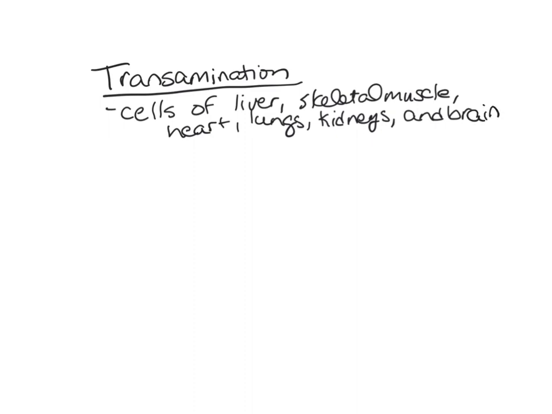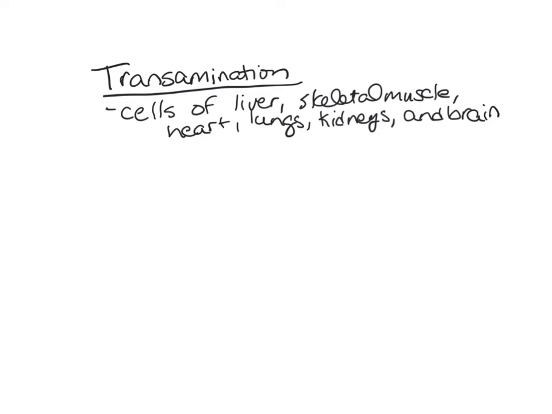In transamination, an amino group is removed from an amino acid and then it's transferred to a keto acid. Then we end up with a new keto acid and a new amino acid. The new keto acid enters the cytosol and the new amino acid enters the citric acid cycle.